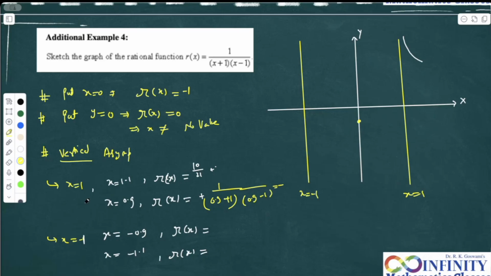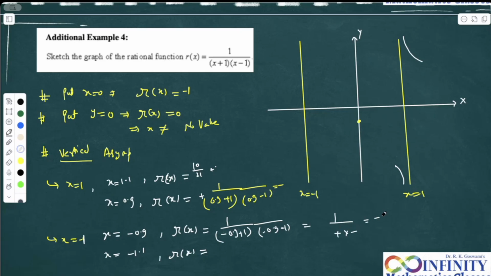And negative means my graph should be somewhere here on the left of 1. Similarly, when you put x equals negative 0.9, please help me. It is negative 0.9 minus 1, and you already have negative 0.9. Sorry, it was plus 1 and minus 1. So in both the cases, the sign is going to be, please help, positive multiplied by negative.